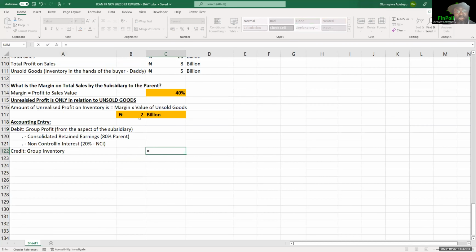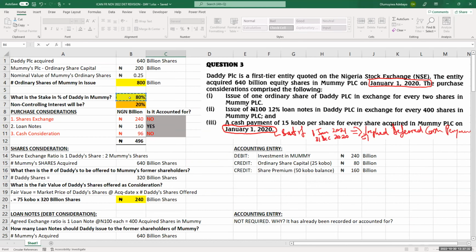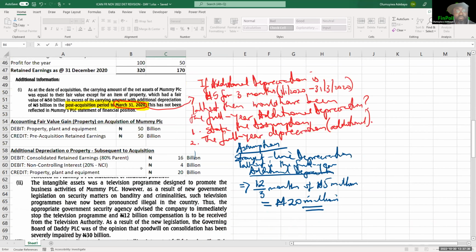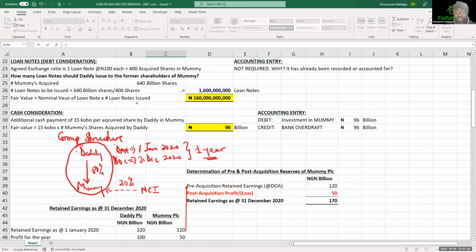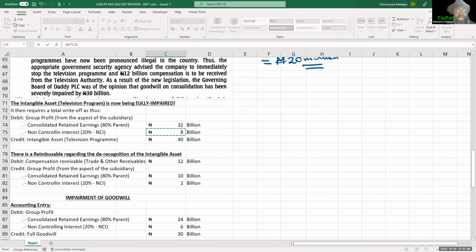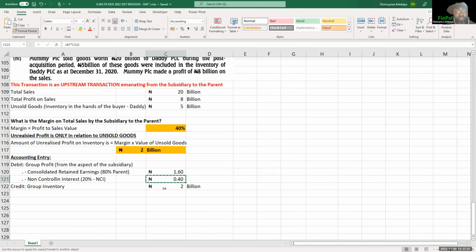The group inventory from the angle of the parent is overstated by 2 billion. And the subsidiary's profit is overstated by 2 billion also, of which ultimately 80% of it is borne effectively by the parent, and 20% is borne by the non-controlling interest. And that is that. Any question on this? Okay.